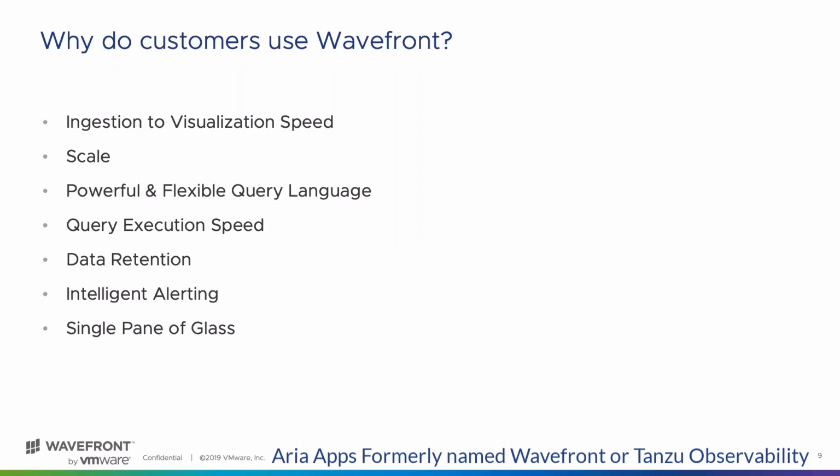Those customers that are ingesting on the order of 2 million data points per second tend to be querying out of the system on the order of 10 to 30 million points per second. So we regularly see data being queried out at about 10x the rate that it's being queried in.